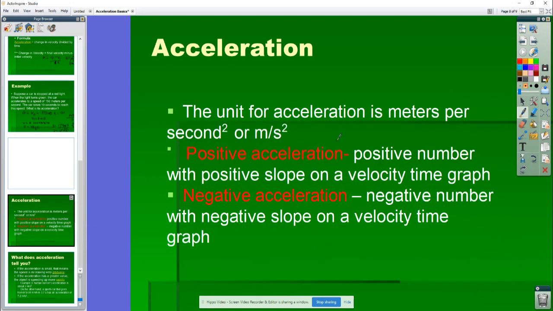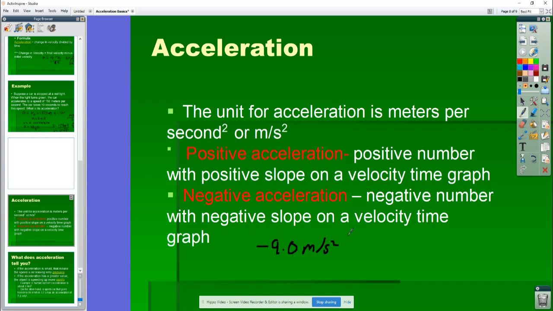So again, the unit for acceleration is going to be meters per second squared, written in words how you're going to see it in the problem. Positive acceleration is a positive number, and it's going to have the upward slope on a velocity time graph. Negative acceleration is a negative number with a negative slope on the graph. You can have a negative acceleration. So if you get an answer that looks like negative 9.0 meters per second squared, do not freak out.